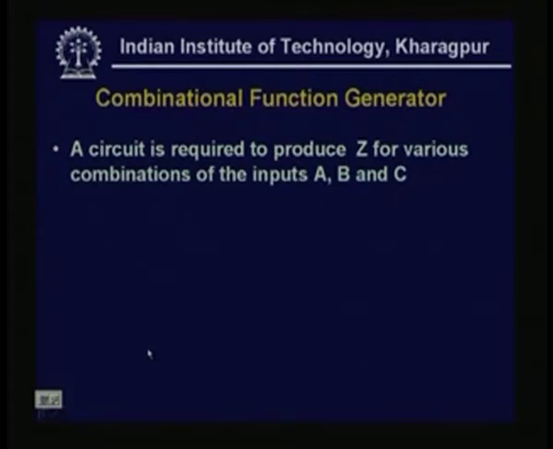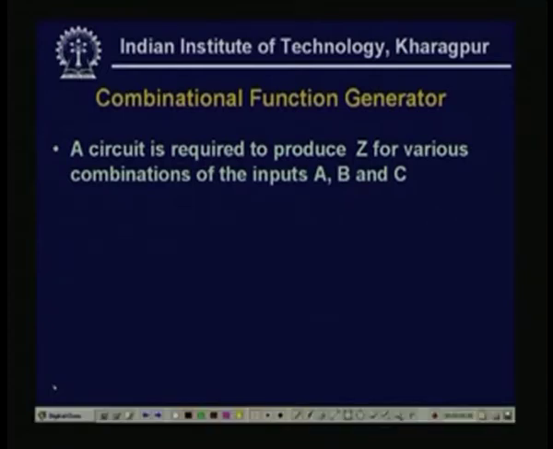Now, first we see a combinational function generator. Say a circuit is required to produce a function for various combinations of A, B, C. Means, say I am taking one black box, as if this is my system.